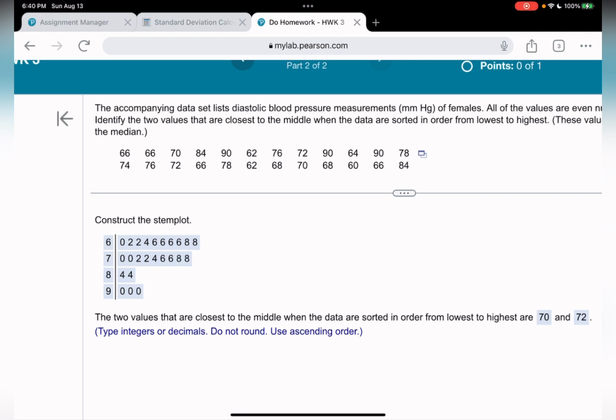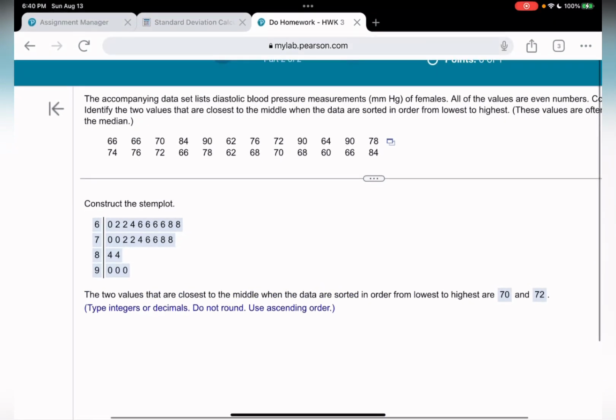Okay, so which means the two values that are closest to the middle when the data are sorted in order. So which numbers are in the middle? Middle is going to be the 70 something, right? Because we have total how many numbers? 1, 2, 3, 4. I'm counting only one line and then multiply by 2.